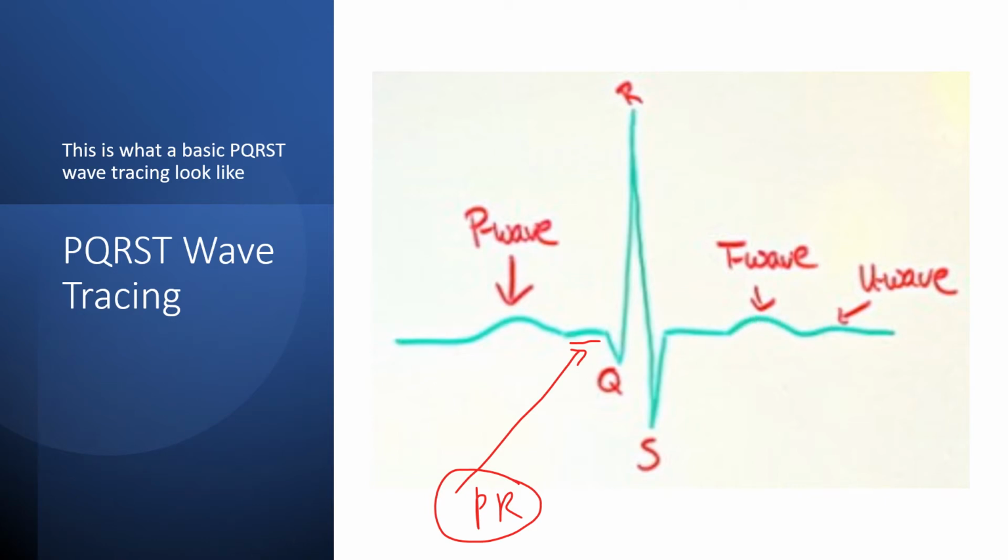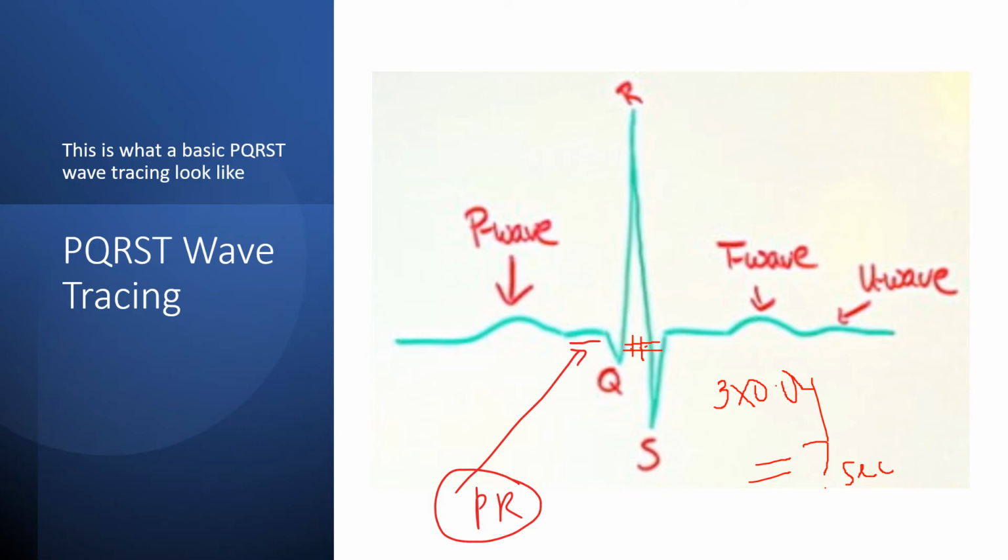So if I were to draw, let me just do this as if this was a box: 1, 2, 3 boxes. So you will say 3 times 0.04 is equal to how many seconds?